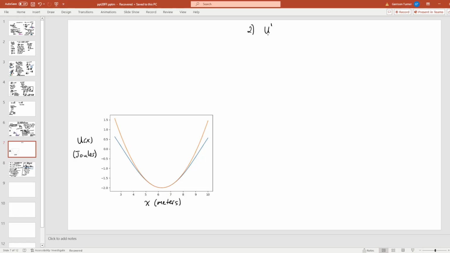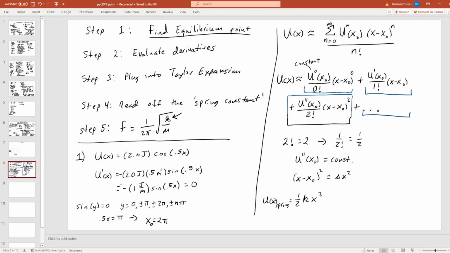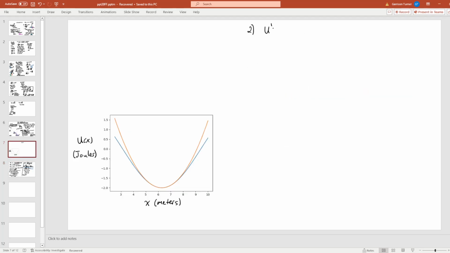The first derivative, which we just found, is negative 1 times sine of 0.5x, and we evaluate that at the equilibrium position. Actually, let's do the 0th order first. I really apologize.